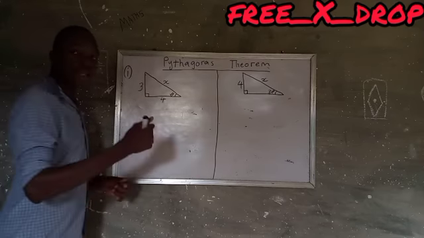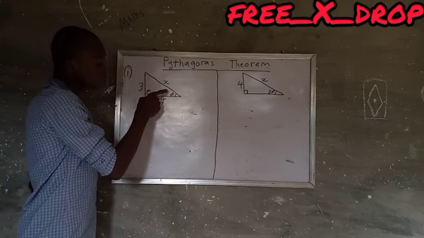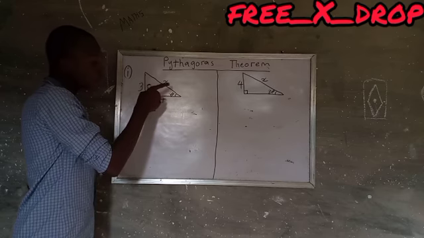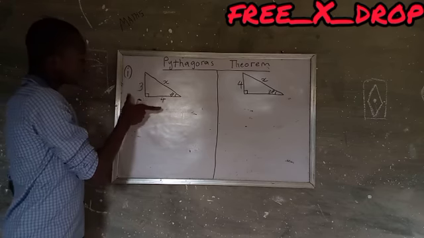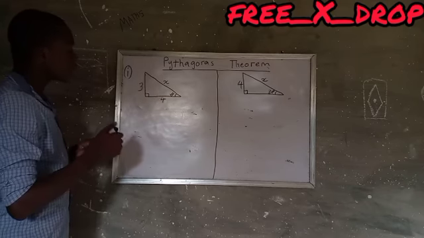So now I gave you a formula like this. When this angle is not known, but at least you know two sides of the triangle, this is the formula you apply.